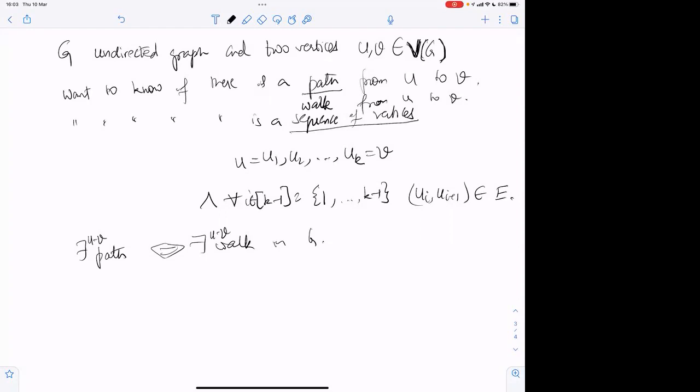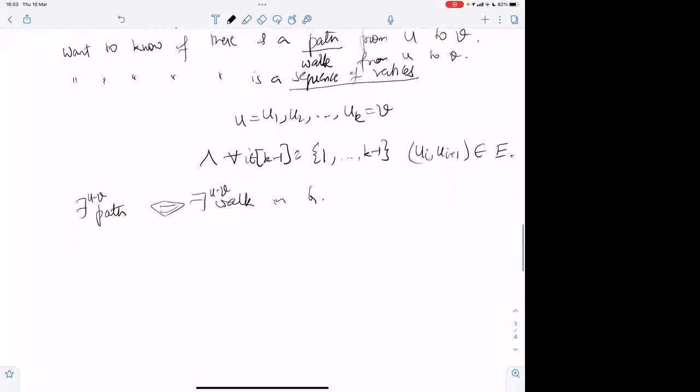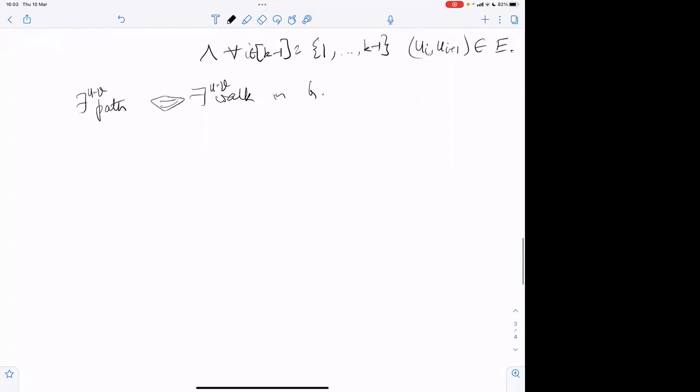And now, how do you find whether there exists a path or a walk? In order to do that, we would have to set up some notation before we come to the algorithm.